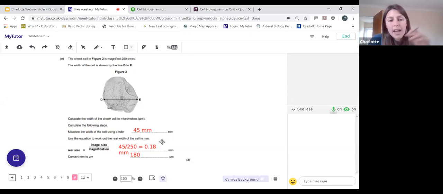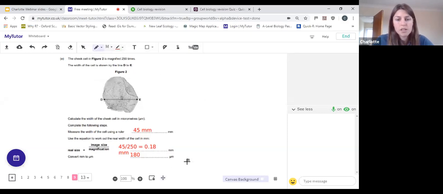And then from 0.18, we needed to convert to micrometers. To do that, we needed to times by 1,000. So move that decimal point 1, 2, 3 places, and you get 180 micrometers. That was 3 marks, that question. Quite a kind question. Nice, well done.